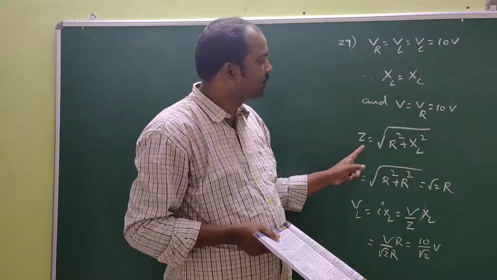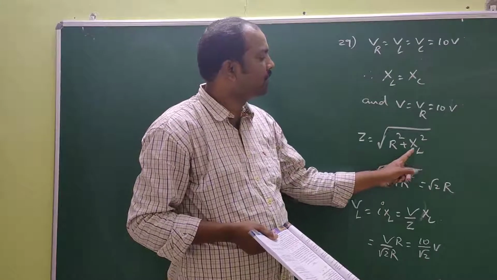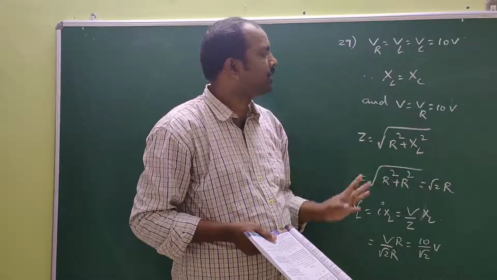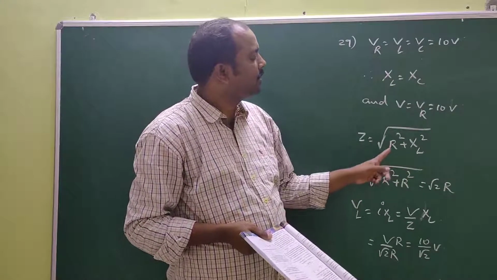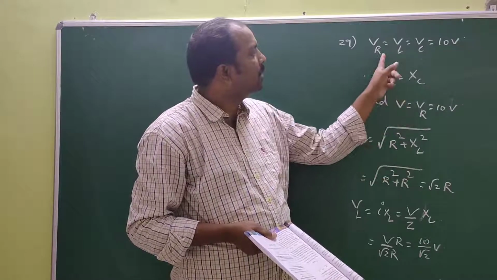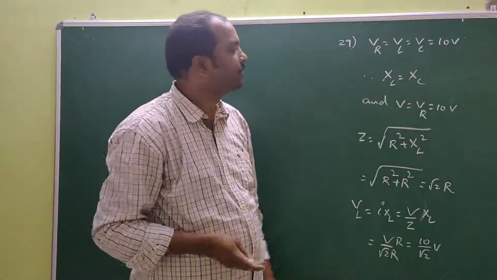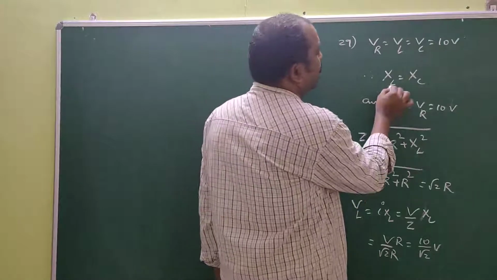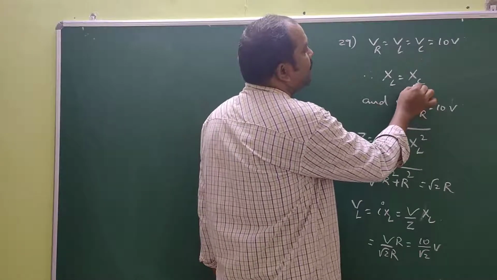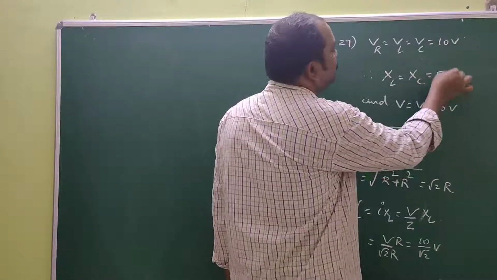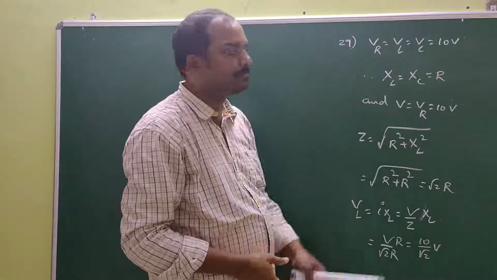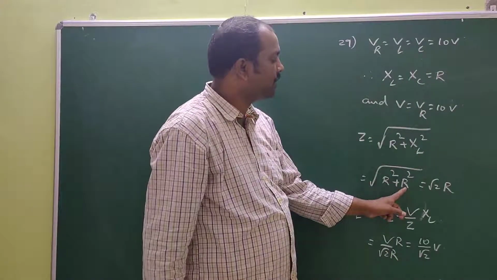So impedance is equal to under root of R square plus XL square. Here you see, as the potential remains the same, the inductive reactance as well as capacitive reactance equal the resistance of the circuit also. So XL is equal to R only.